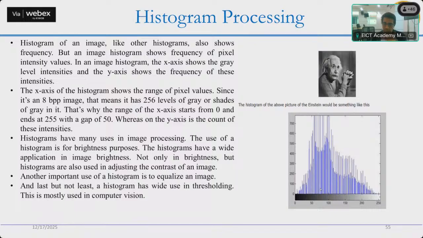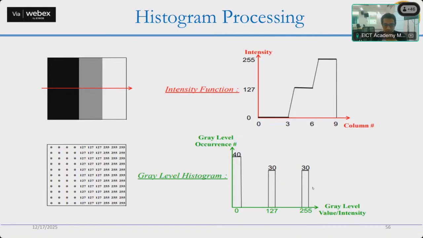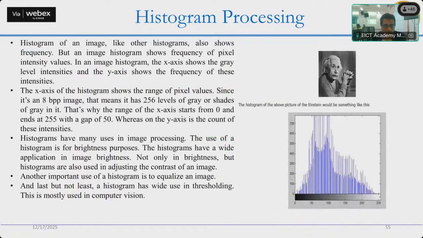Now coming to the part, histogram processing. Histogram processing, as we have already discussed, clearly. So what did we do in histogram processing? The histogram is the frequency of the pixels, as we considered it. On the x-axis, you can see the different intensity values.